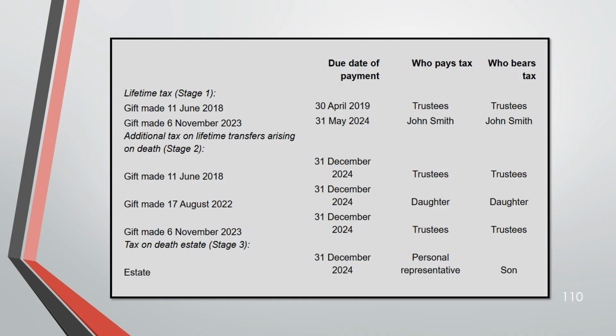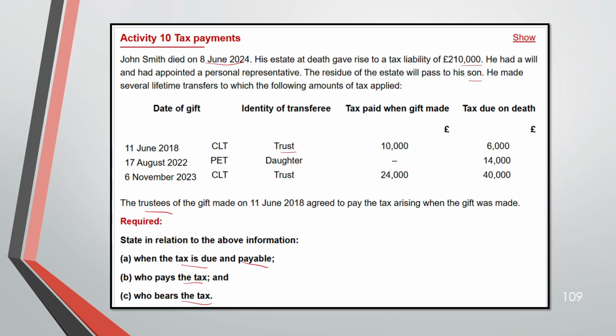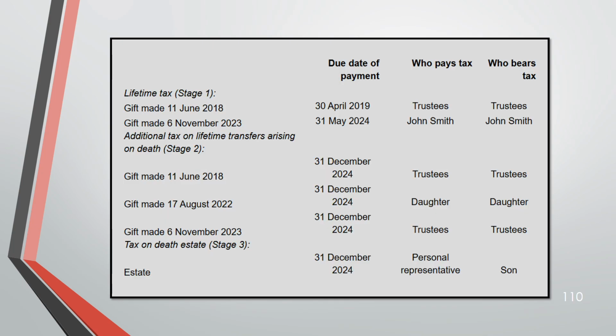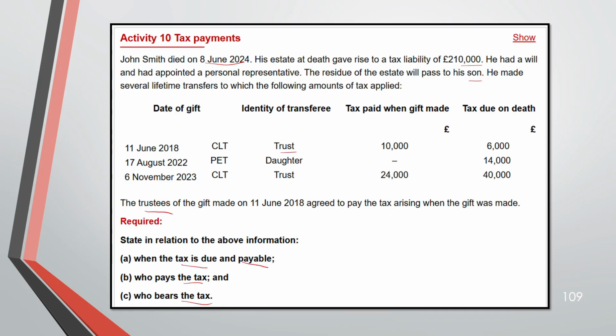If you see here, the first one, trustee has agreed. Okay, so 11th June 2018. Trustees will pay the tax, trustees will bear the tax also. And when is the tax due and payable? Look at the date, 11 June 2018.